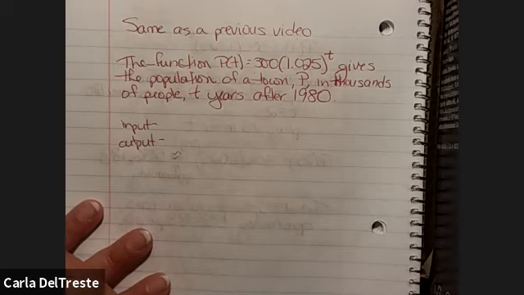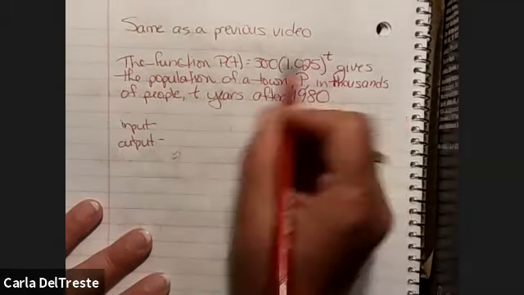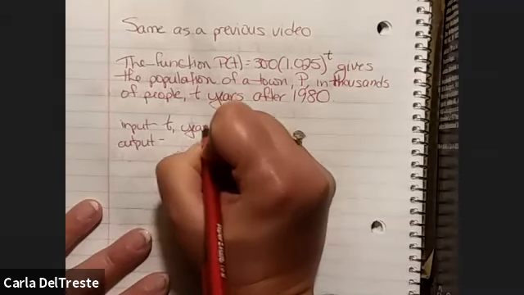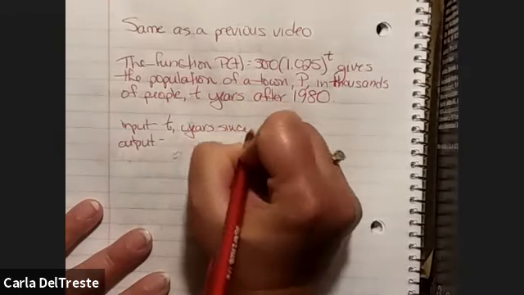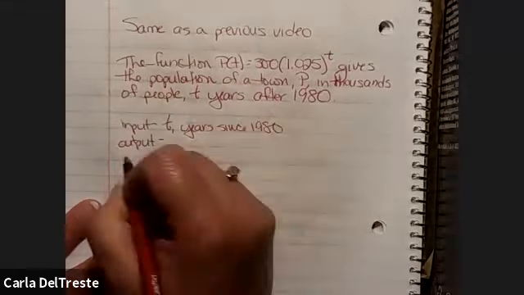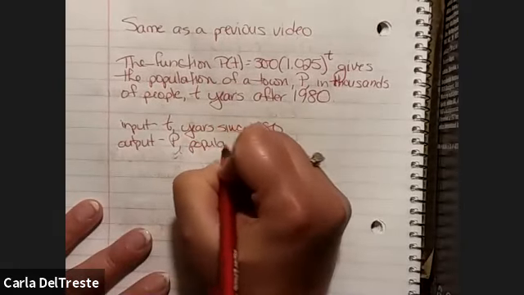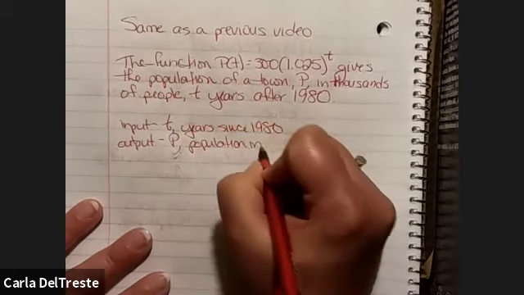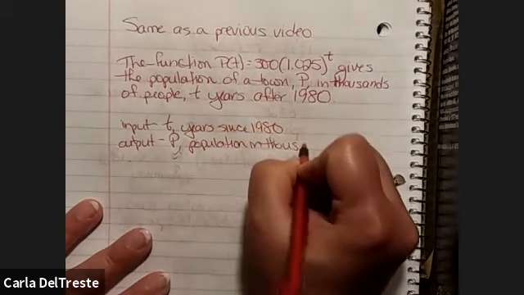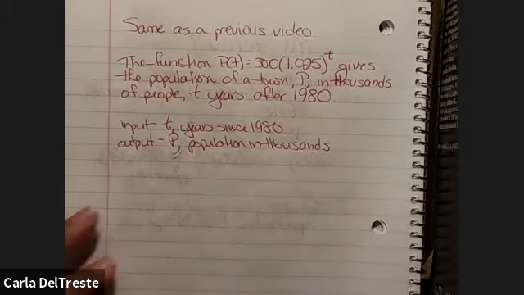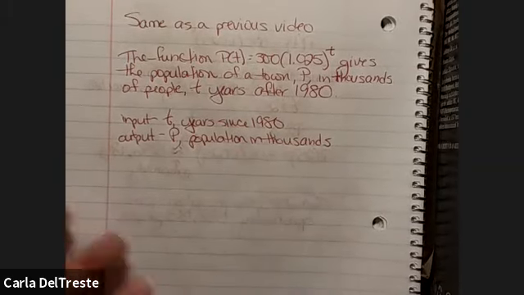This is for yourself. The input here, what's inside the function, is t, which is years since 1980. And the output here is p, which is population in thousands. Make sure you're putting the units so that you know how to write your sentences later on, okay?